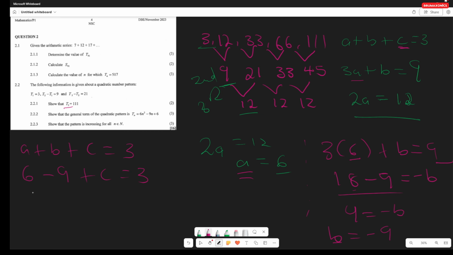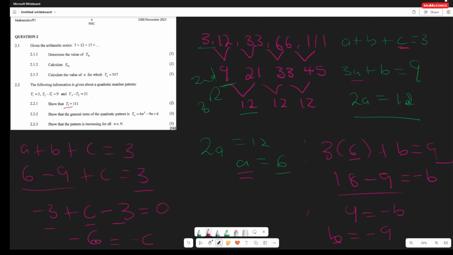With this, we know that this will be negative 3, plus c, and if we take this to the other side, it will be negative 3. Then this will equal 0. So we are going to have a negative c equals negative 6.